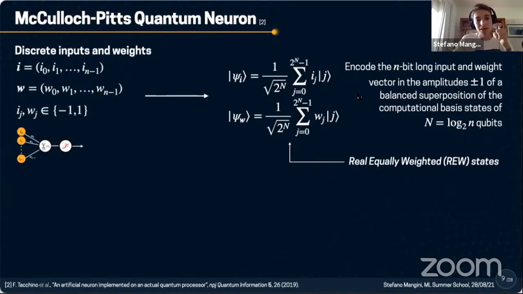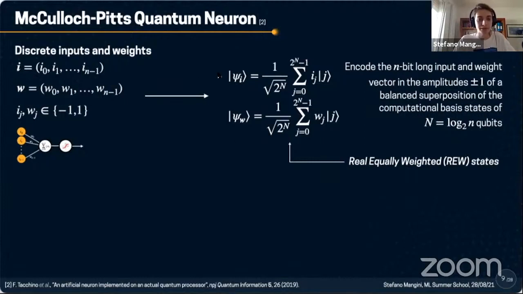We load, let's say, the classical data that we wish to analyze. We have this very big superposition state, and the data are loaded in the amplitudes in front of the computational basis states. We can see that, of course, we need only logarithmically many qubits to load this information, this input vector and weight vector, into these quantum states.